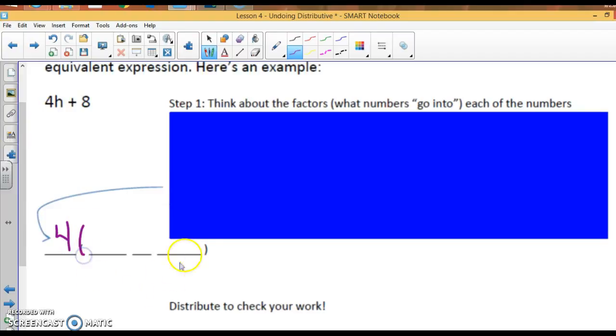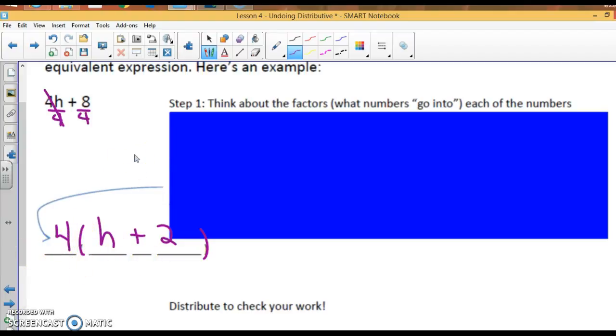That goes on the outside of the parentheses. And then the math that you're doing in your head, since the distributive property is multiplying, undoing it would be dividing. So 4h divided by 4, well, h divided by h is 1. I'm left with h. Positive 8 divided by 4 is positive 2. So the factored form is 4 times the quantity h plus 2.